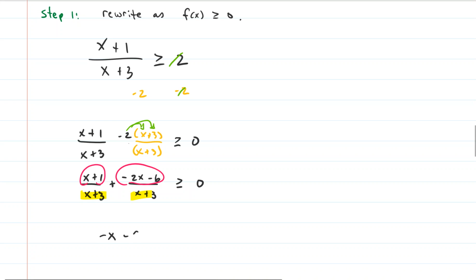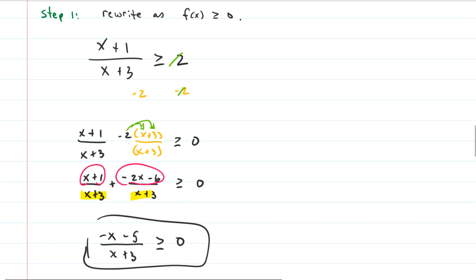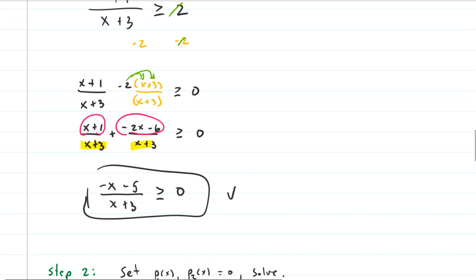That gives us negative 5. And this is all over x plus 3, and this is greater than or equal to 0. So now we are in the form we want. We have some function, which is a rational function, and our inequality, and 0 on the right-hand side. So we are done with step 1.